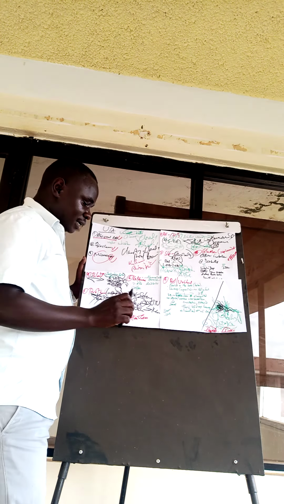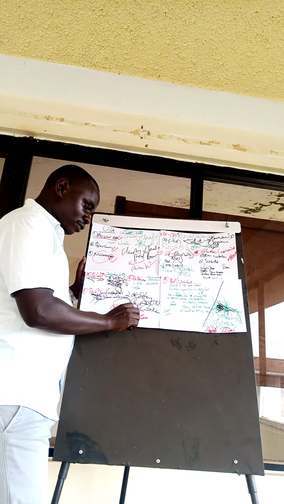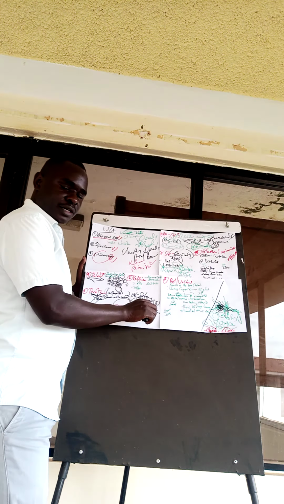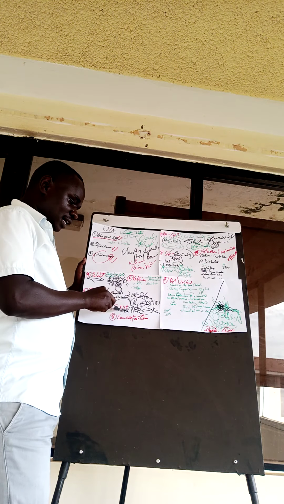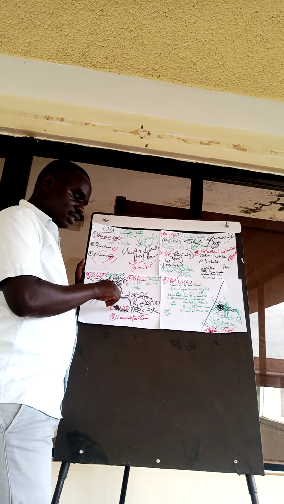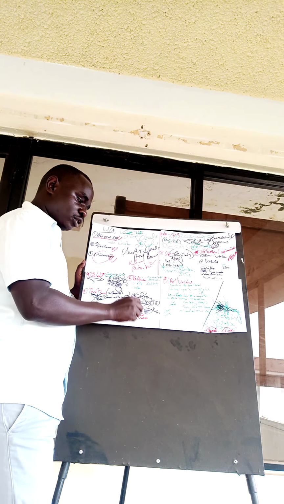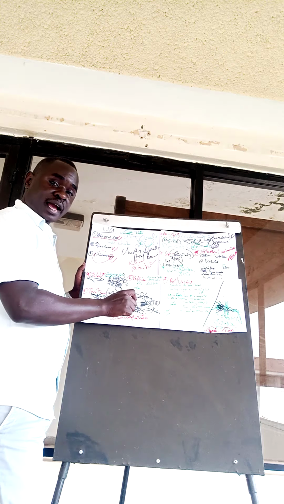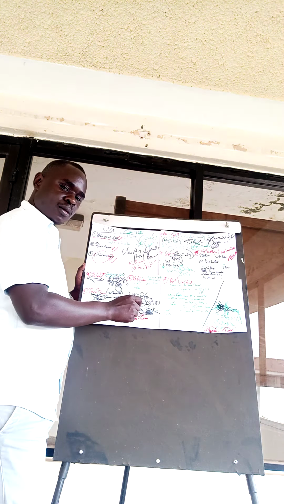Not all bacteria can easily break down or convert nitrate into nitrite. And that does not mean that if the nitrite is negative, then the patient or the client cannot present with UTI, because not all bacteria convert nitrate into nitrite.